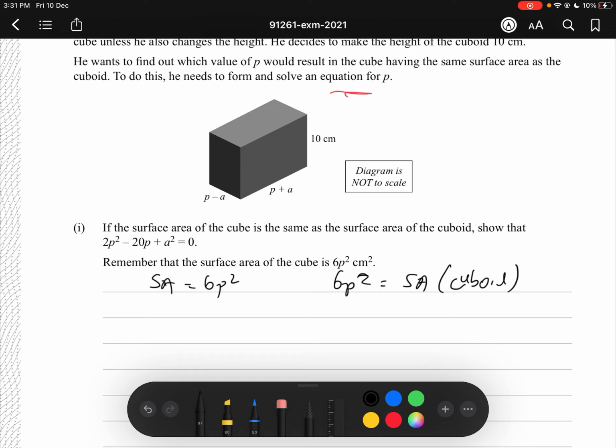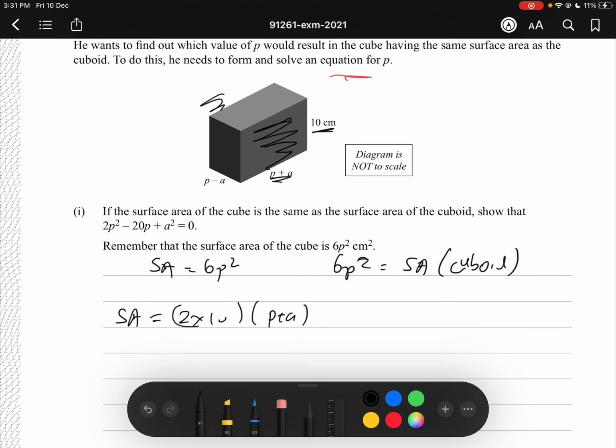In this case, let's look at this face and this face to begin with. So we're going to have p plus a times 10. Surface area equals 2, remember, there's one side that we can see and the other side we cannot see. So that's 2 times 10 multiplied by p plus a. And if we look at this side and that side over there, we'll have p minus a times 10.